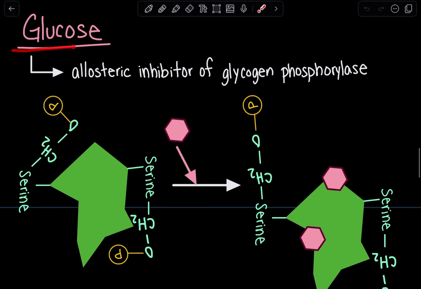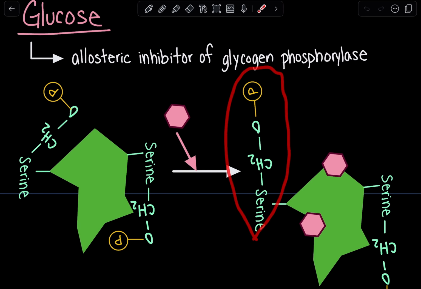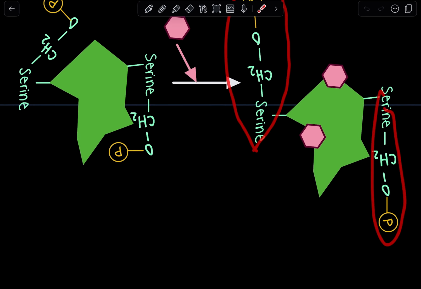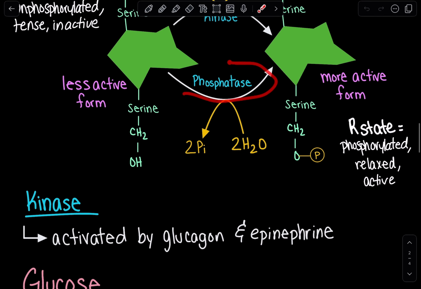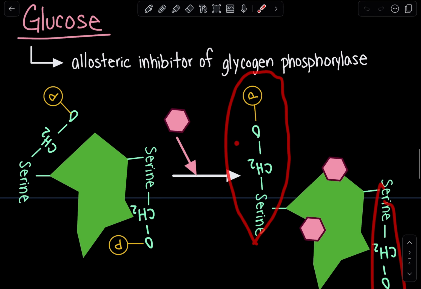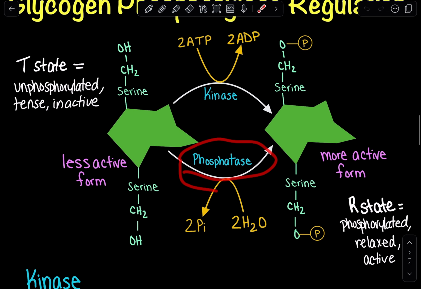So what glucose does is that it binds at an allosteric site. Remember, the allosteric site is a site that is different from the active site. When it binds to the allosteric site of glycogen phosphorylase, it causes a conformational change in the enzyme. This conformational change exposes the phosphorylated serine residues, which makes it easier for the phosphatase to cleave off that phosphate bond and then once again make it less active.